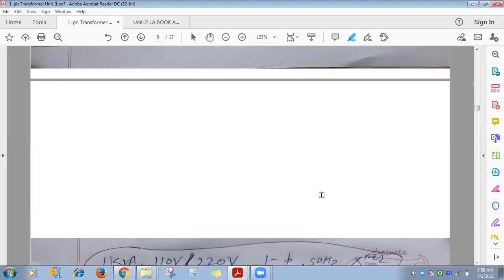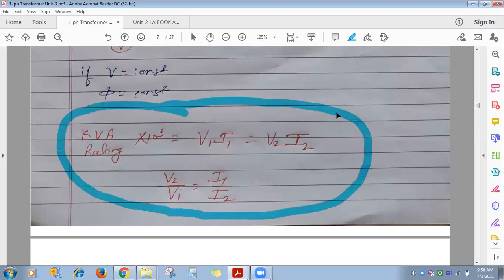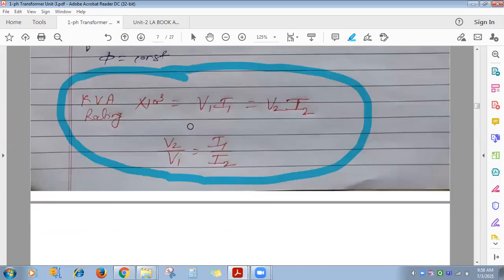See, the kVA rating of a transformer is equal to V1 I1, which is equal to V2 I2. Hope it is clear to all of you.